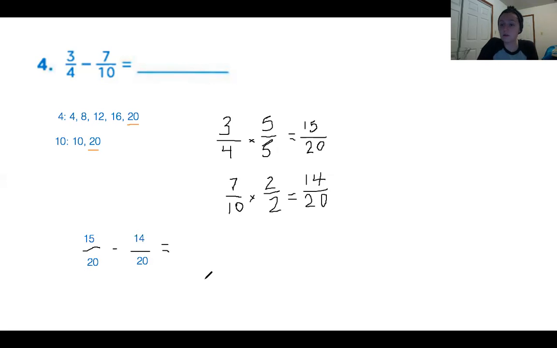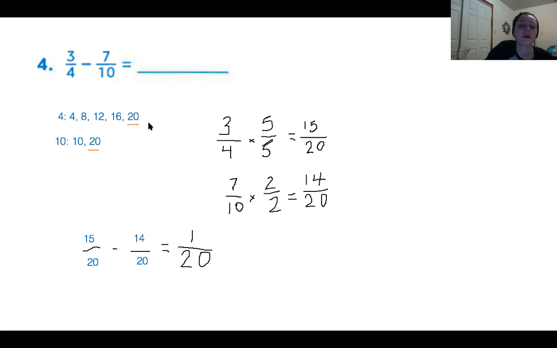Now, when I subtract fractions, the denominator has to stay the same. When I add or subtract fractions, the denominator always stays the same. So we know the bottom number is going to be 20. What we really need to solve for is that numerator. We've got to take 15 minus 14. 15 minus 14 is 1.